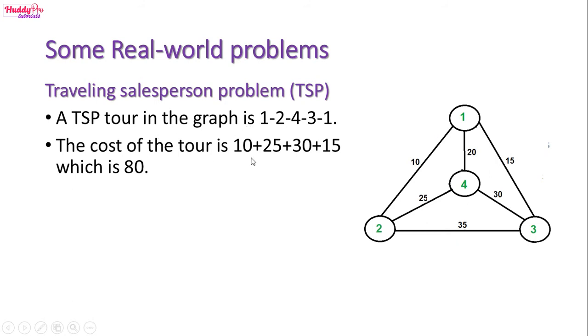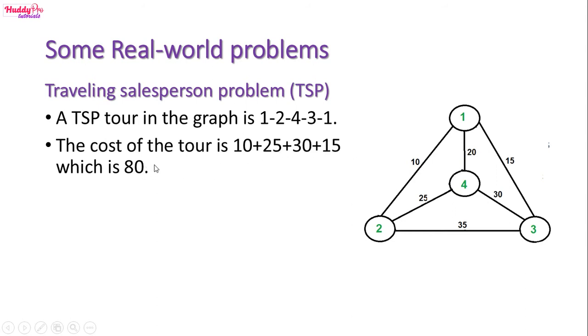So the cost of the tour: 1 to 2, the path here has 10, then 2 to 4 we have 25, and then 4 to 3 we have 30, and 3 to 1 we have 15. So when we add these up, the answer is 80.